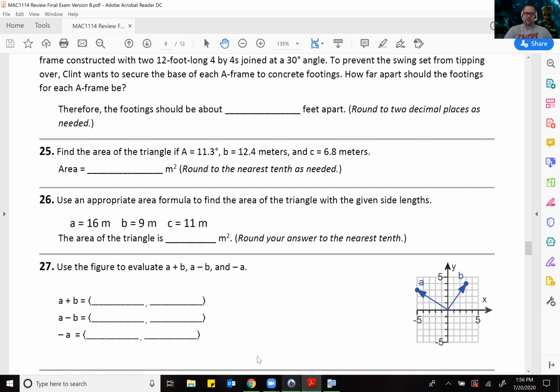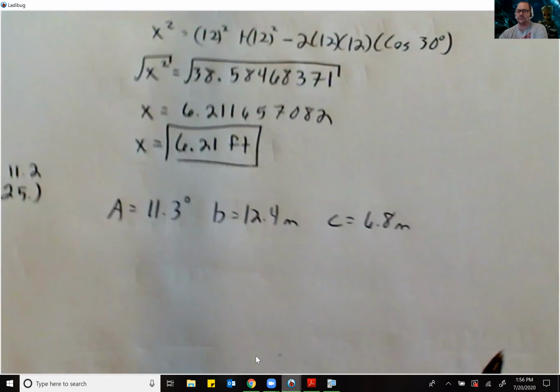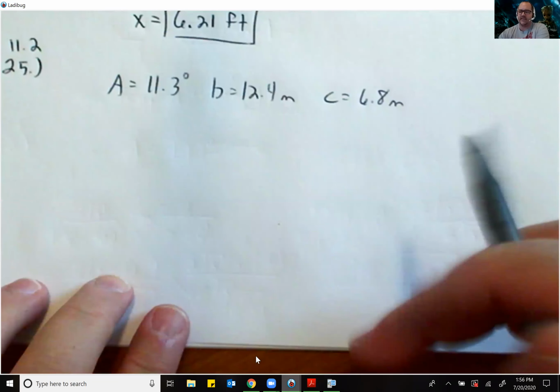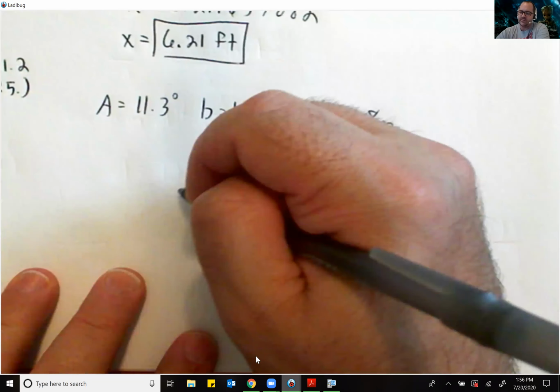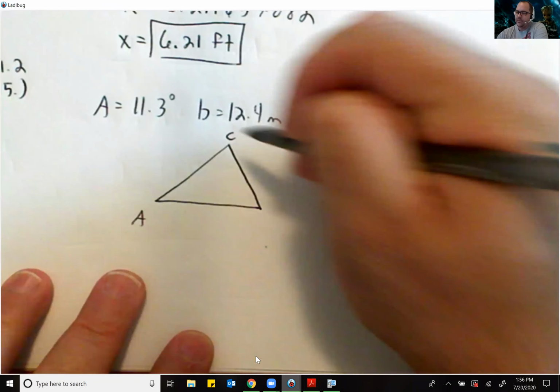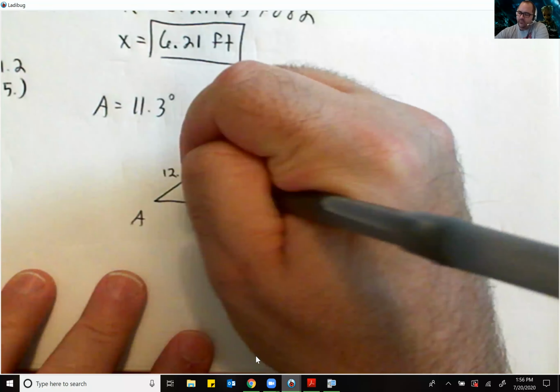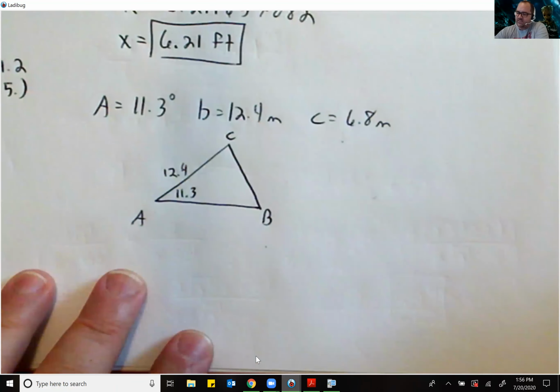So again, if I draw the picture of this, you learn 2 area formulas, one for side angle side and one for side side side. So if I draw a picture of this, this is what I'm looking at. Big A, big C, big B. Little b is 12.4, big A is 11.3, little c is 6.8.